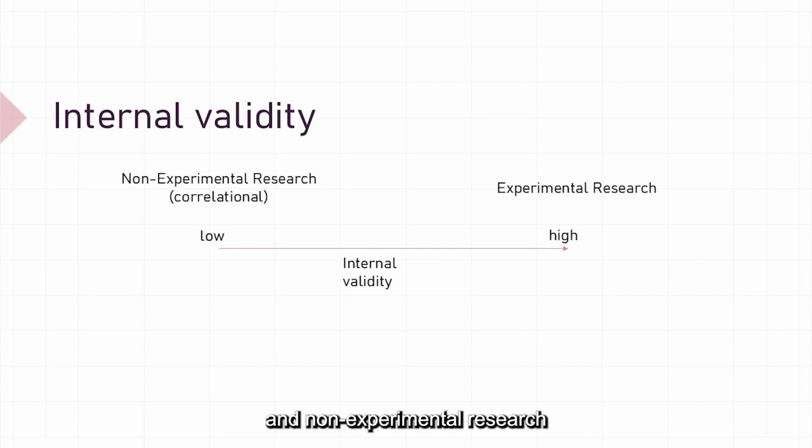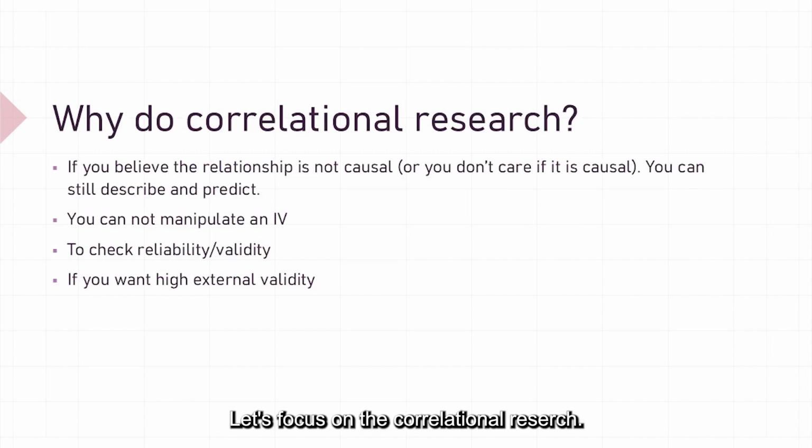Non-experimental research has lower internal validity because non-experimental designs utilize no control or manipulation of the independent variable. In comparison, experimental research has higher internal validity. Let's focus on correlational research.